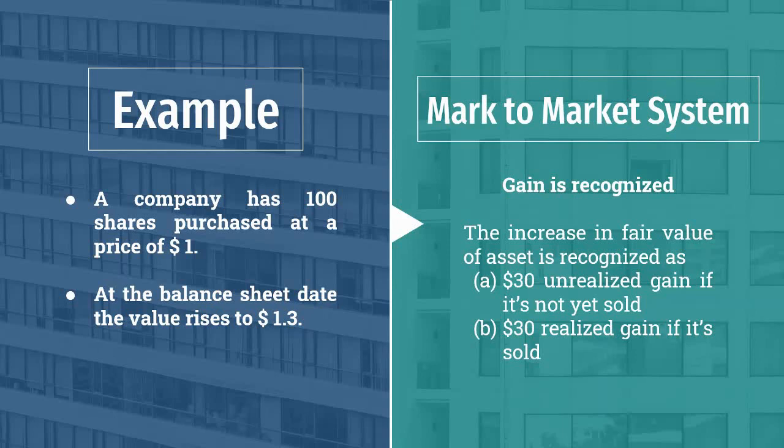A $30 gain is recognized as an unrealized gain if they are not yet sold, or as a realized gain if they are sold. Okay, that's all from me about the mark-to-market system, and the following topic about revenue measurement based on PSAK 72 will be explained by Jannice and Abraham.